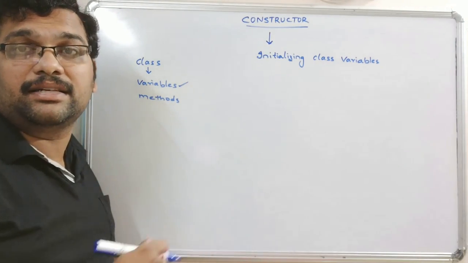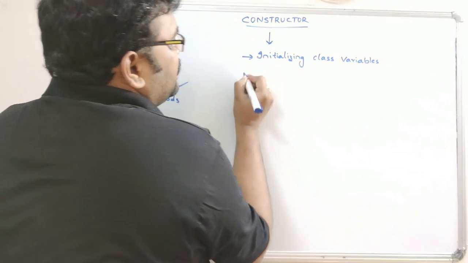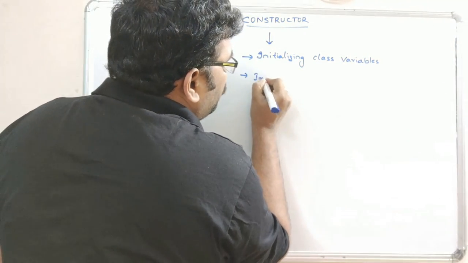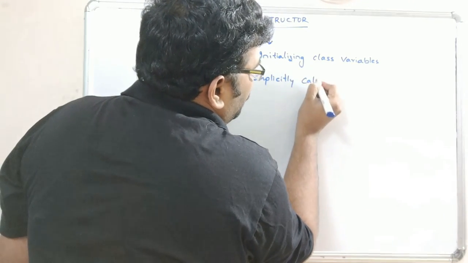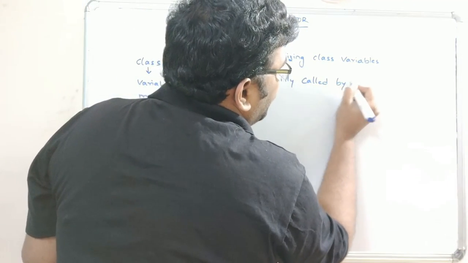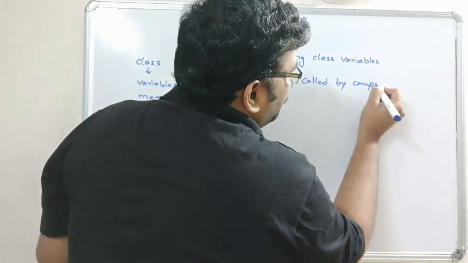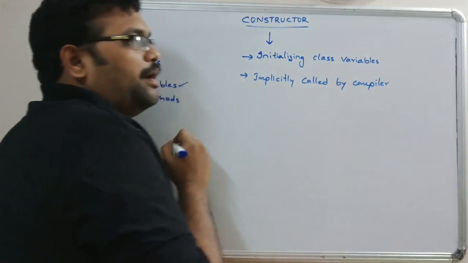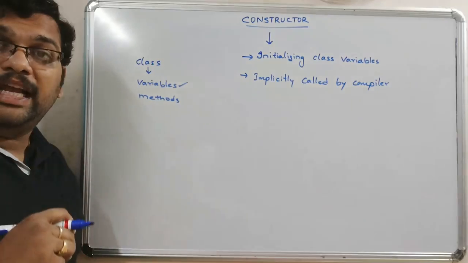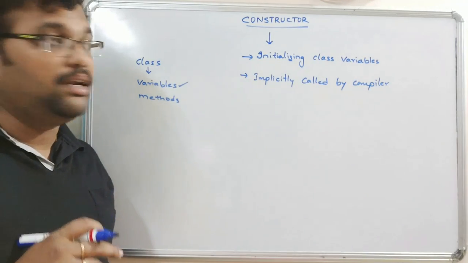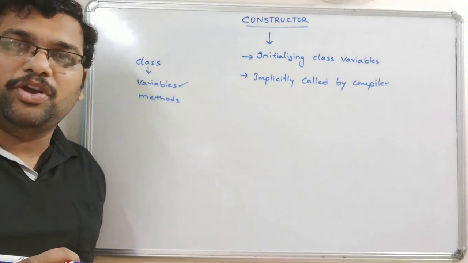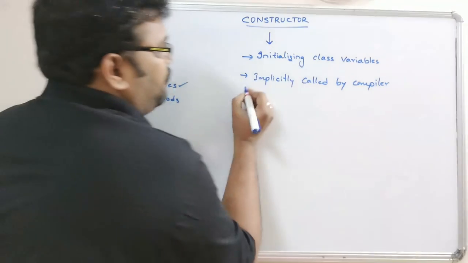This constructor will be implicitly called by the compiler. So explicitly the user need not call this constructor. Implicitly this constructor will be called by the compiler itself.